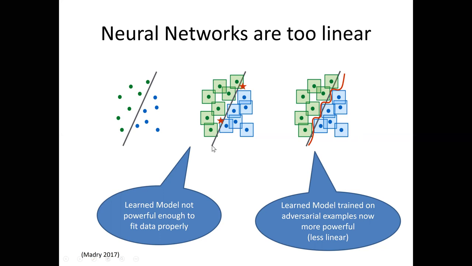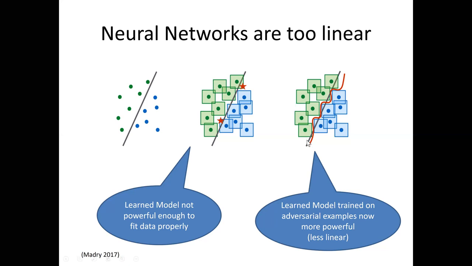And the smaller the model is, as argued in the Madry 2017 paper, the more linear it is. Bigger models have more capacity, and so they can fit more complex nonlinear decision boundaries. On the rightmost picture, we have performed some form of adversarial training, which is essentially training not only on the circles here, but also on points inside the squares around the green and the blue dots.